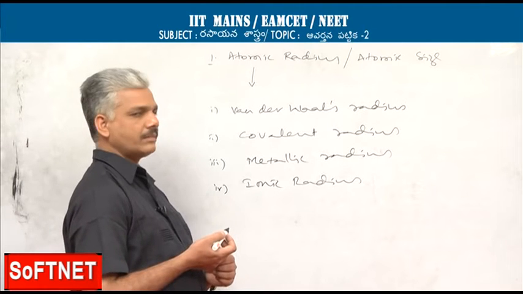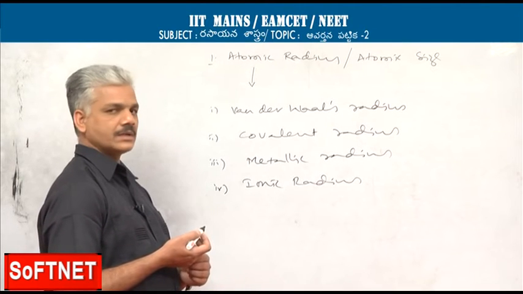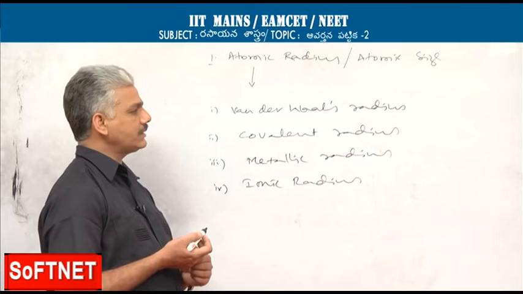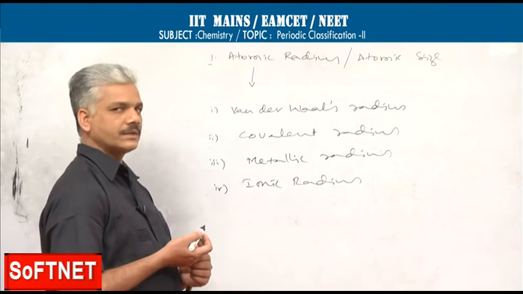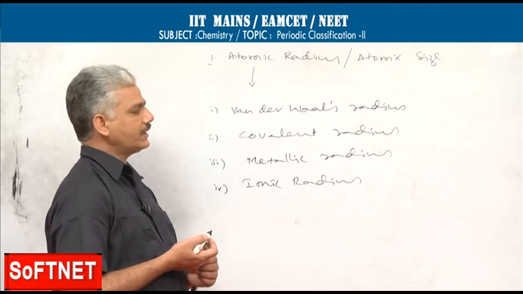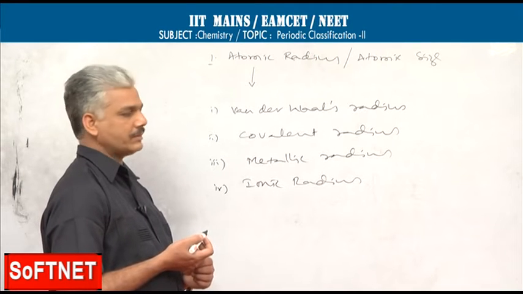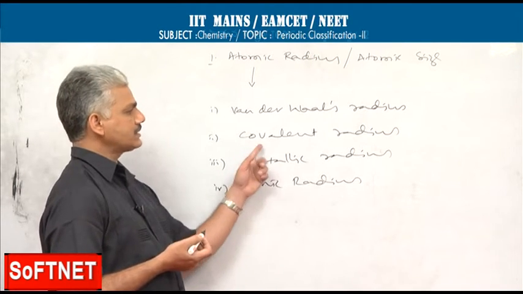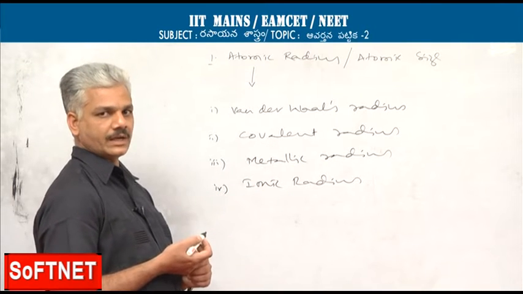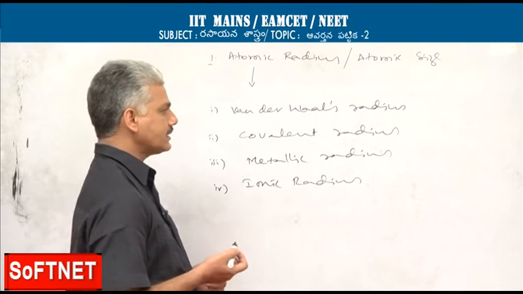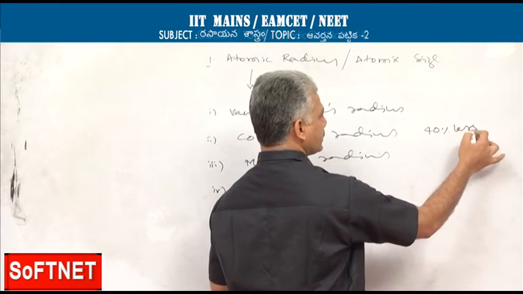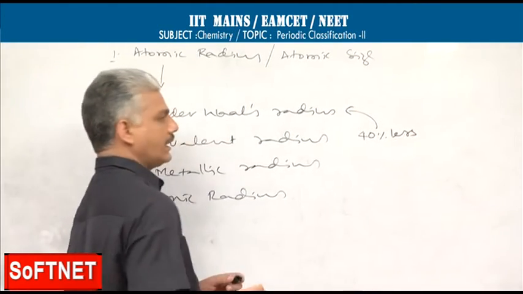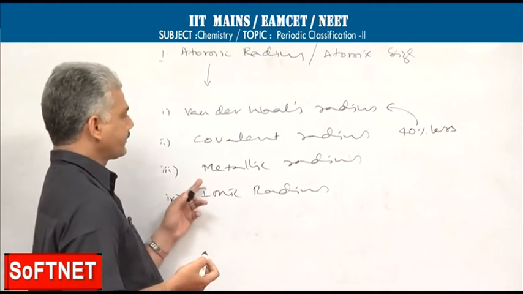In case of non-metals, the atoms are bound with each other by covalent bonds. Therefore, half the internuclear distance between two atoms bound by a covalent bond is called covalent radius. Covalent radius is 40% less in magnitude compared to van der Waals radius.